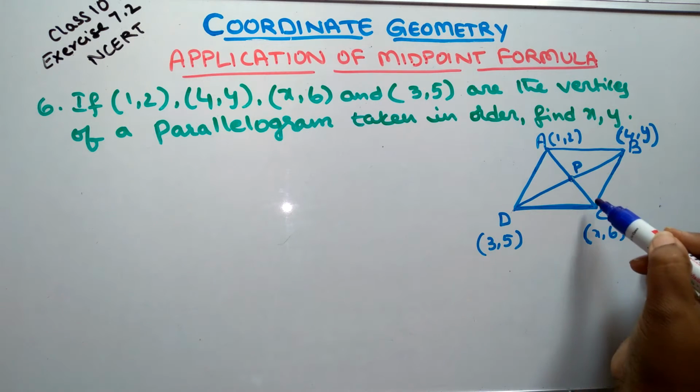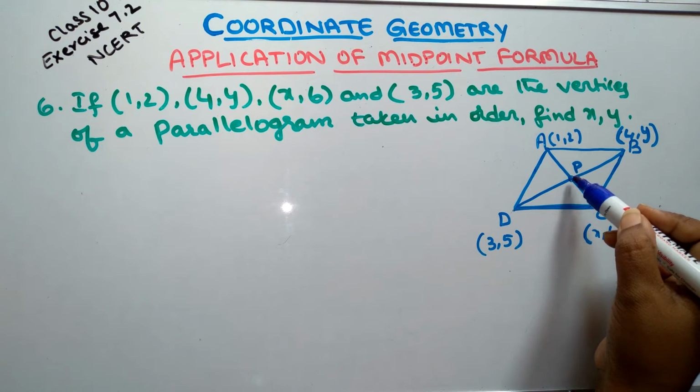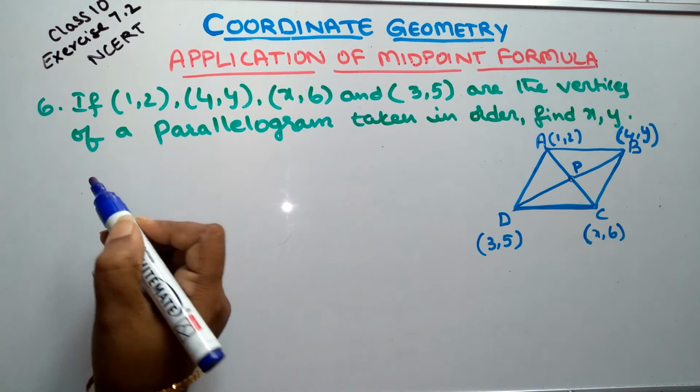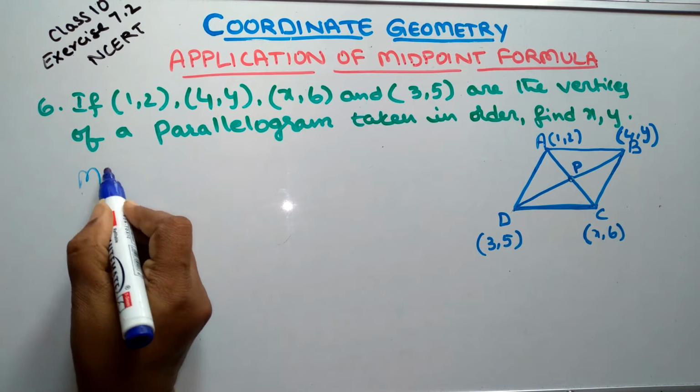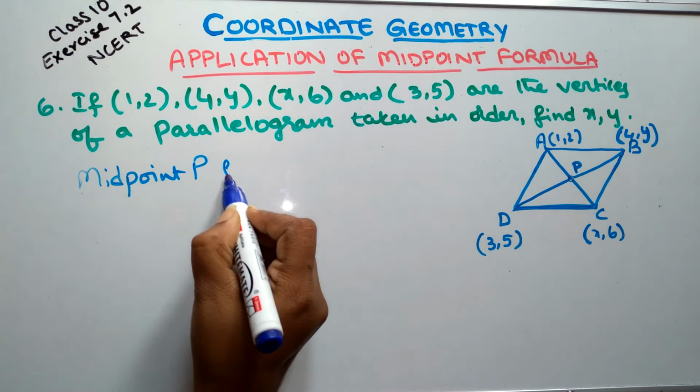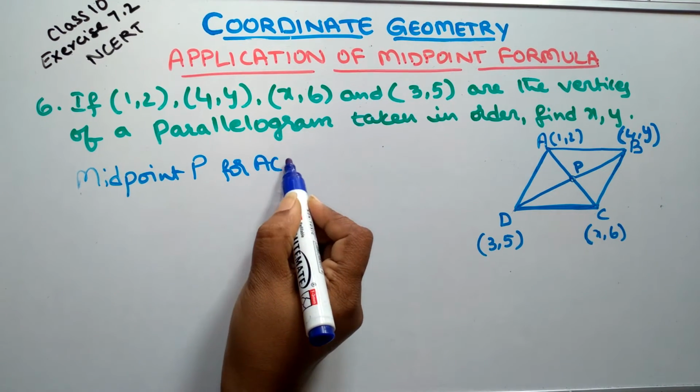Let us consider the AC diagonal and find the midpoint P. So, midpoint P for AC.